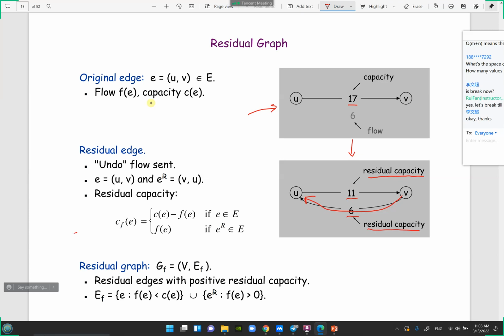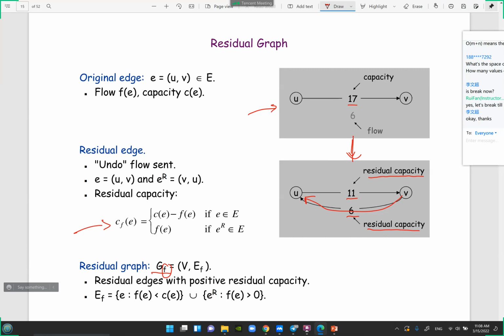So this is how things are defined. The residual graph, which we're going to write as GF, is the residual graph based on the current flow F. We take all of the edges in our graph and all of their flows, and for each edge we do this transformation, changing it to two edges with these residual capacities.